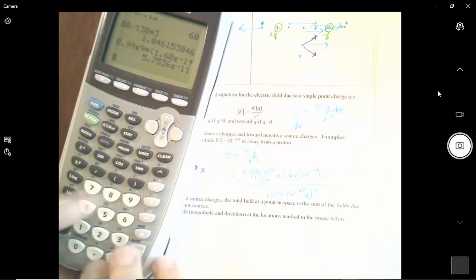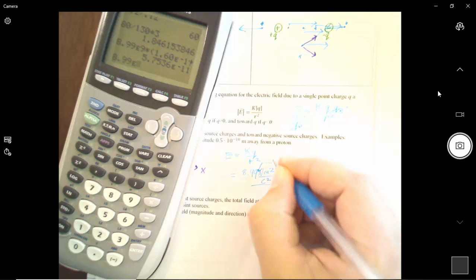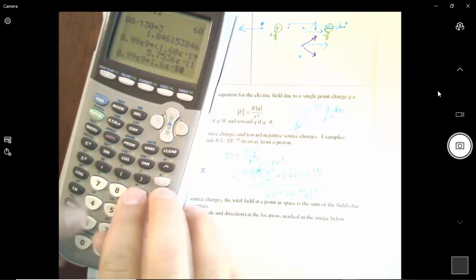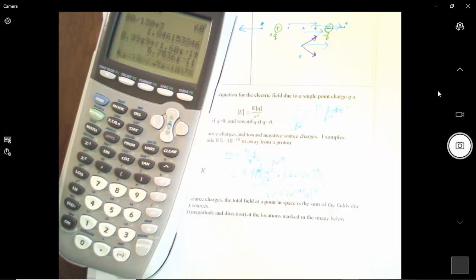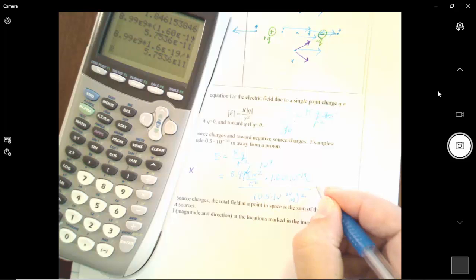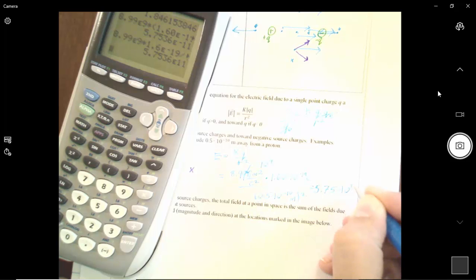Then we come up with the quantity 8.99 e. Oh, I forgot to write down the 10 to the 9 right there, times 1.6 e to the minus 19 divided by 0.5 e to the minus 10 squared, and we're going to get what looks to be a very large number, 5.75 times 10 to the 11th newtons per coulomb.